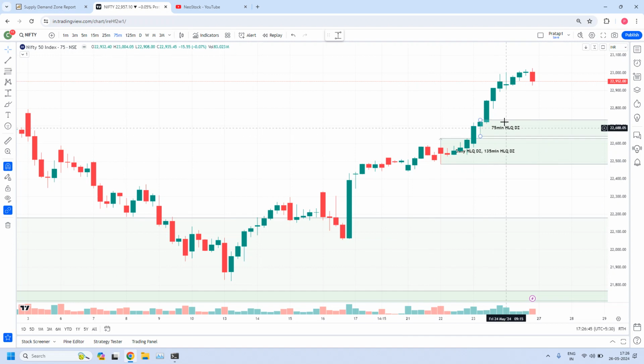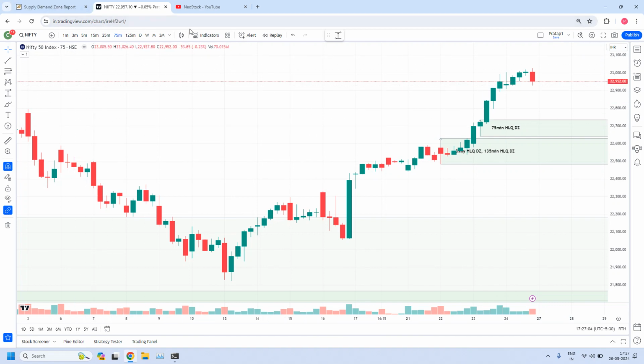If this 75 minutes high liquidity demand zone is violated, then only the 75 minutes trend will be changed to sideways. Time being, let us limit our analysis up to this area because a lot of high liquidity zones are here.